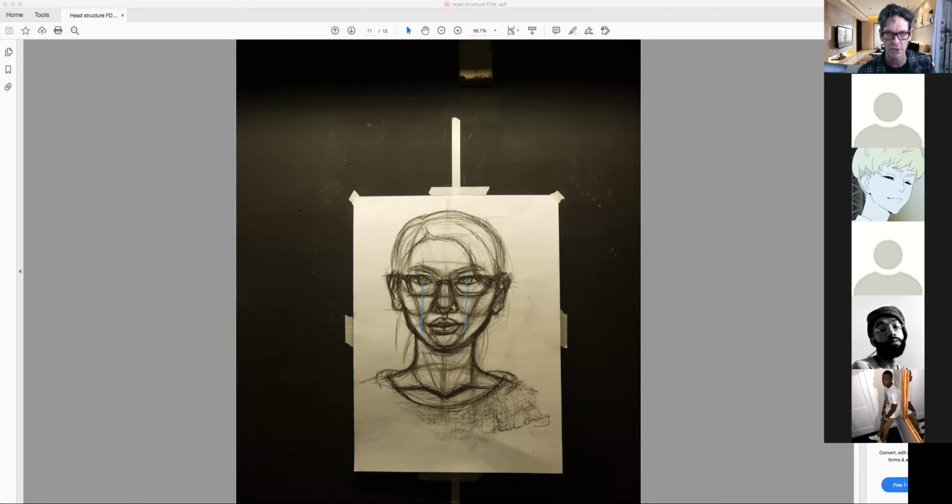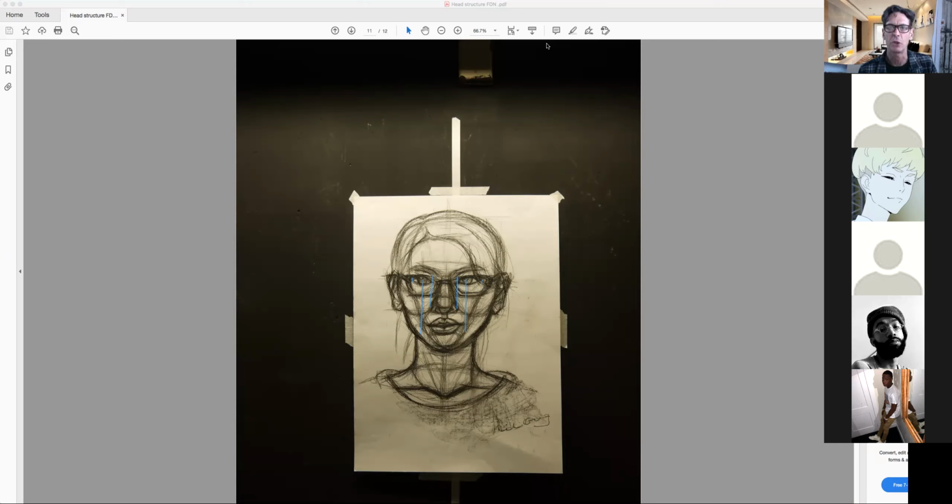You have to think about where the edge of the nose is compared to the inside of the eyes, otherwise your eyes may be too close together. You have to think about how wide the eyes are compared to the space between the eyes. It's generally about the same: the eye is going to be about the width of the space between them.